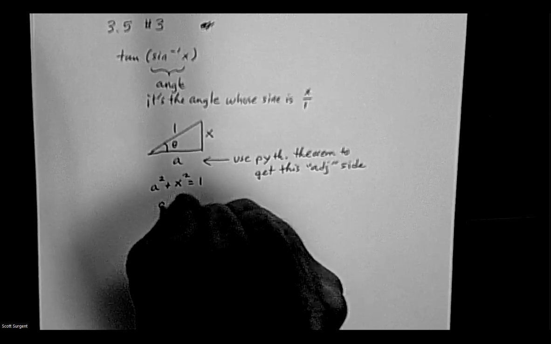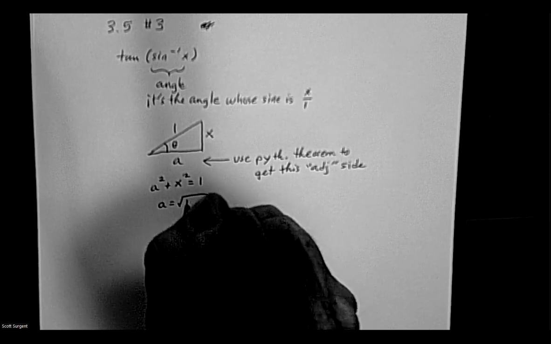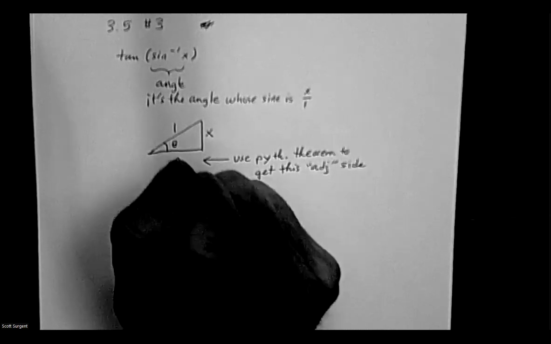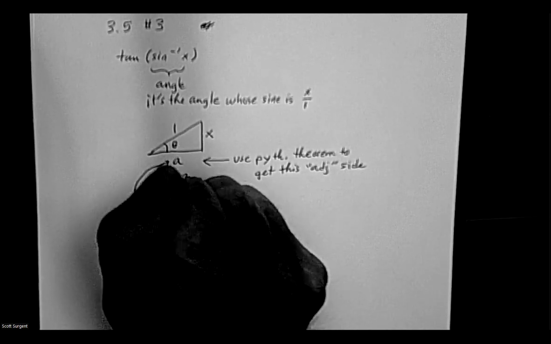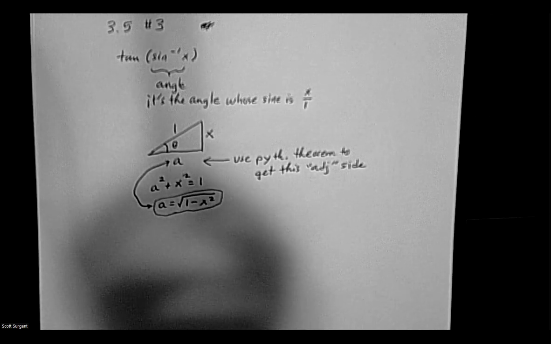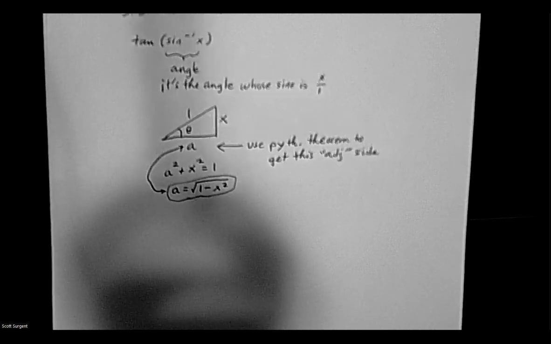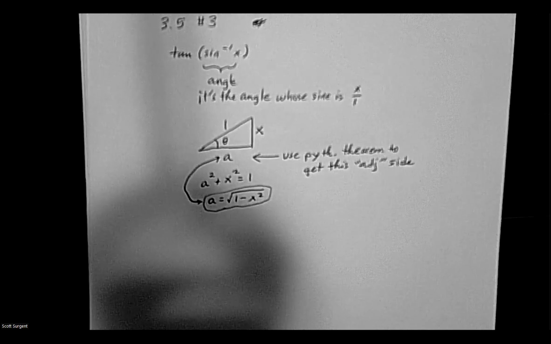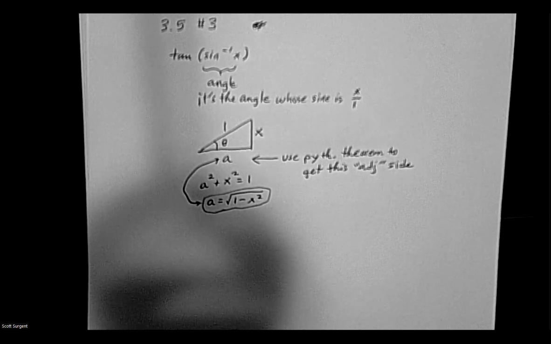So if I solve for a, I get the square root of 1 minus x squared, and that's what that third side is. So I'll put a little circle around it. Now that's not the answer to the question yet, but that gets us real close to it. I'll stop for just a moment, and let me ask you, does that make sense what I just did?